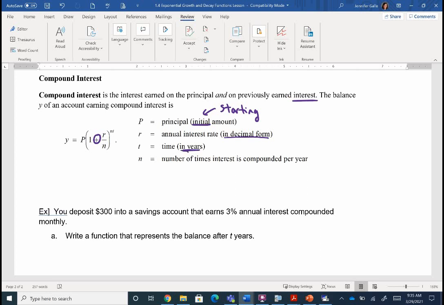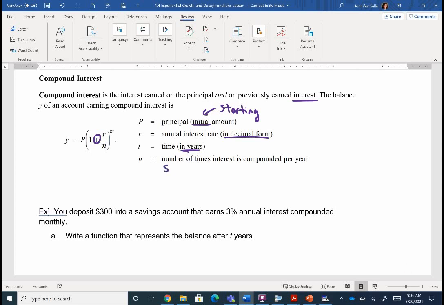In this one, the time cannot be whatever we want. The time has to be in years. The only new variable we have on this one is an N, and that's the number of times interest is compounded per year. Now, you might come across a few phrases with this that you might not be familiar with.